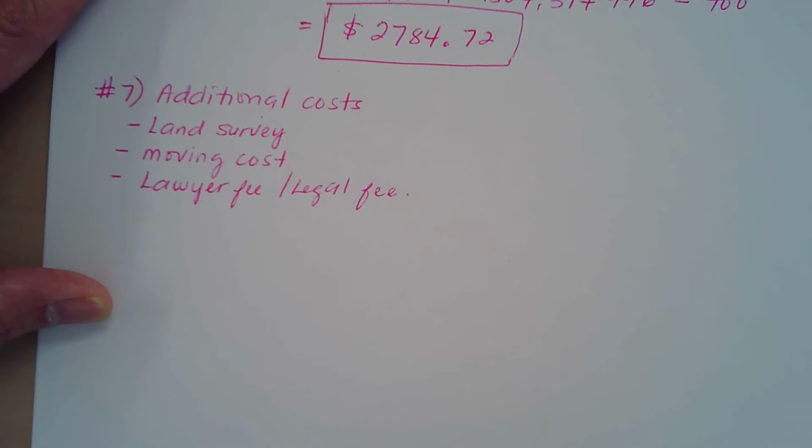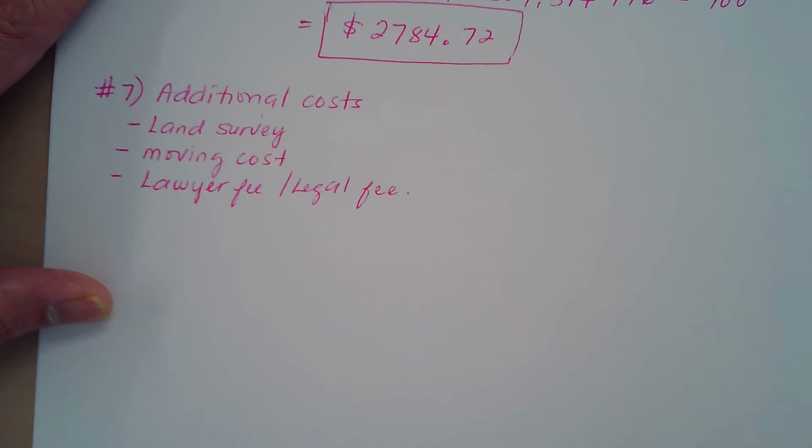Purchasing a house is more complicated than purchasing, I don't know, clothes, right? You don't need a lawyer to buy clothes or buy shoes, but in this case, because it's such a big purchase, there's many things involved. We're on page 45 now, question 7.